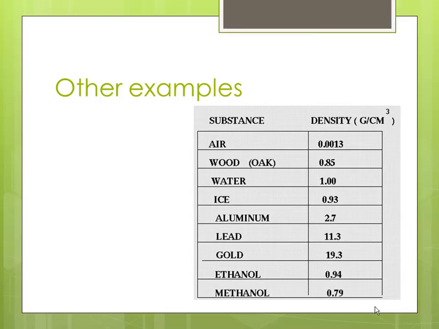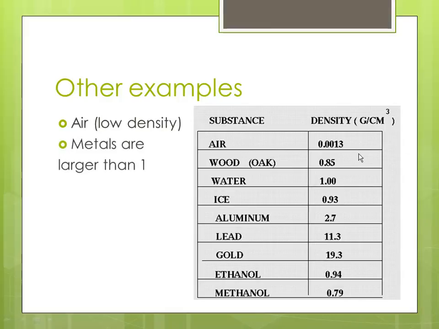Other substances: air is very low in density, 0.13 gram per centimeter cubed. Metals are larger than 1, so they sink in water. You can see here aluminum is 2.7, lead is 11.3, gold is 19.3.